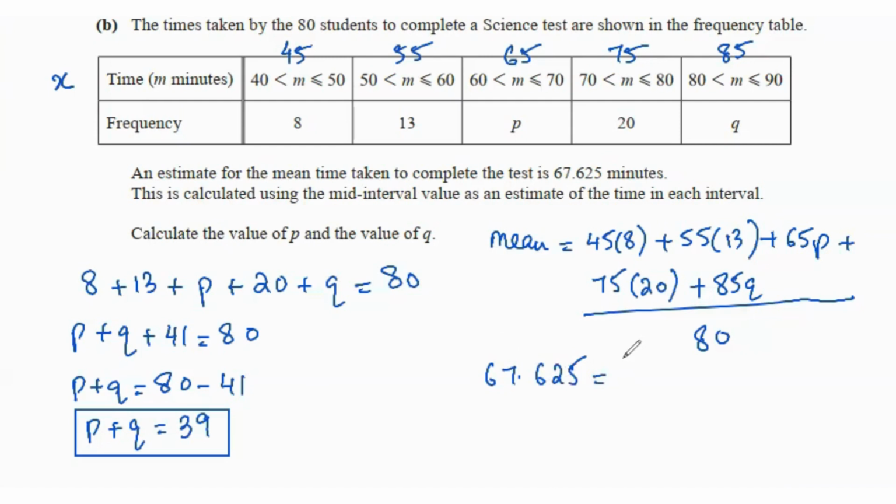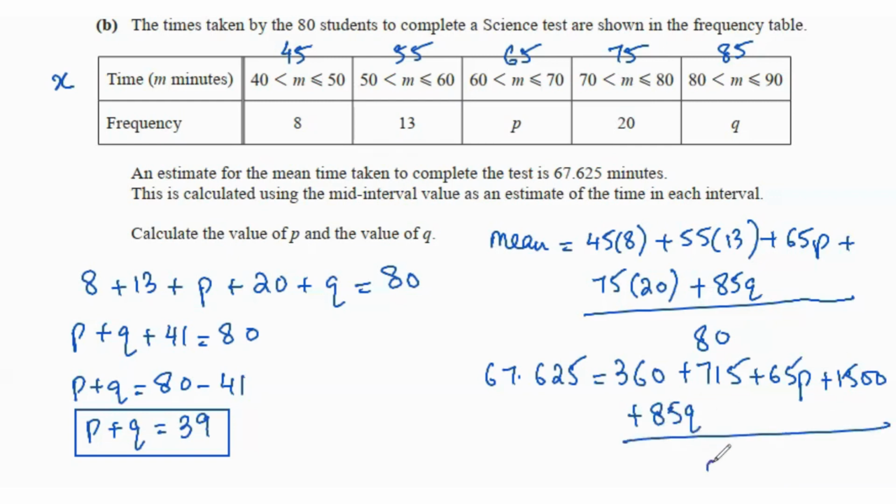And let's simplify this. So 45 times 8 is 360. 55 times 13 is 715, plus 65p, plus 75 times 20, which is 1500, plus 85q, over 80.